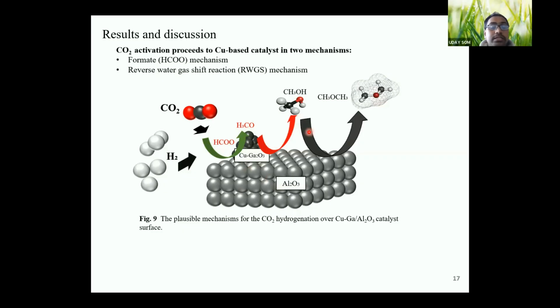So the hydrogenation of carbon dioxide and hydrogen occurs on the copper gallium oxide, with the aluminum oxide catalyst as the support, and after that the methanol is synthesized. After methanol formation, the methoxy species react with the surface proton to produce the methanol. On the copper gallium oxide side, the methanol hydrogenation occurs on the aluminum oxide catalyst acid sites and produces the DME.